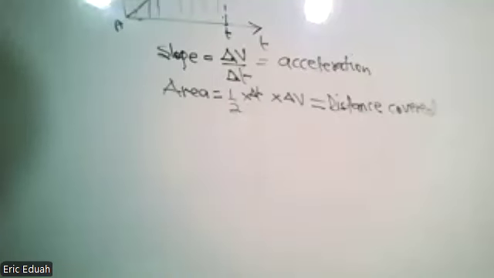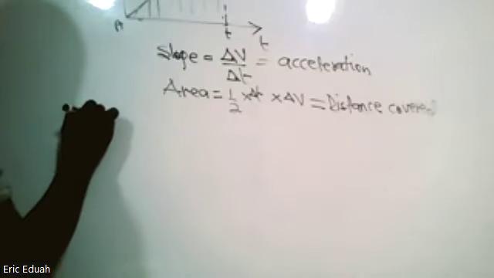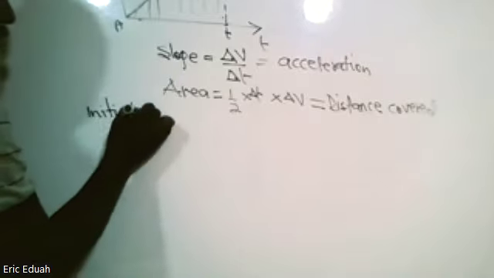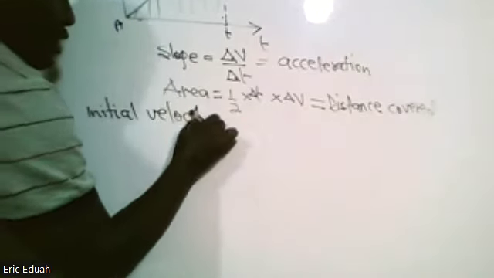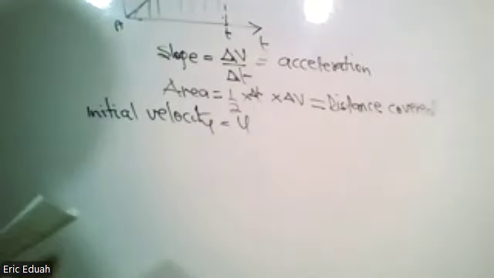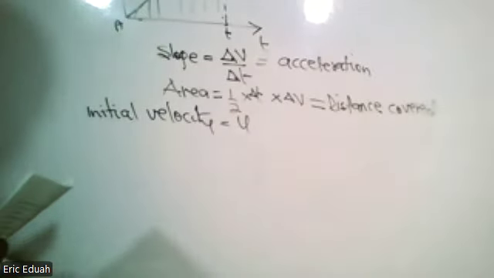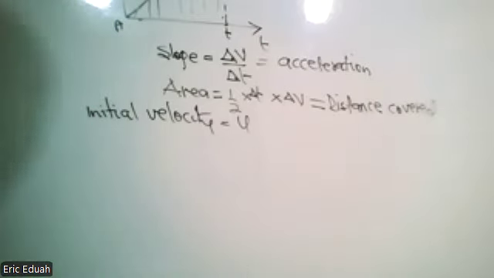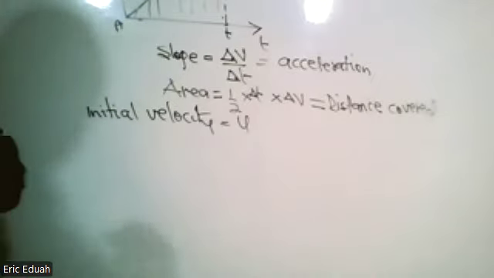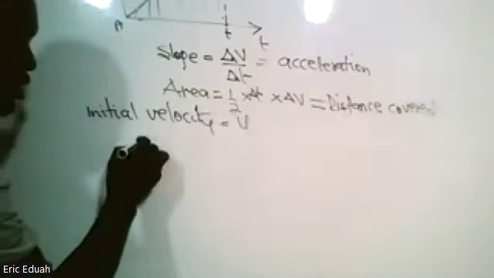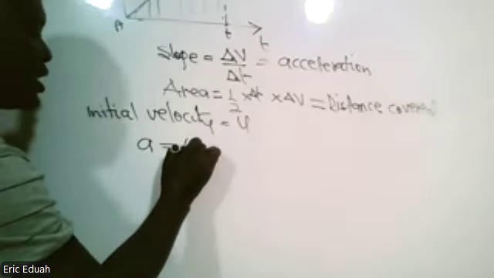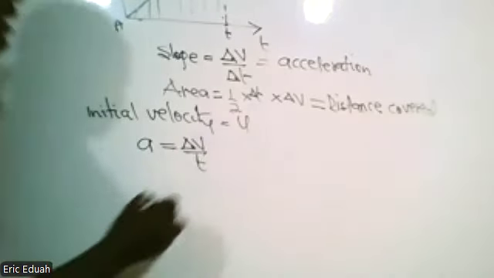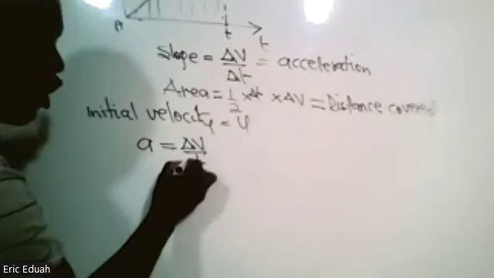So we are told that the initial velocity of the body is u, then at time t, with an acceleration a, distance s. So all that we have to do is, if we are given such parameters, then the acceleration of the body is equal to the change in velocity over the time interval, delta t.